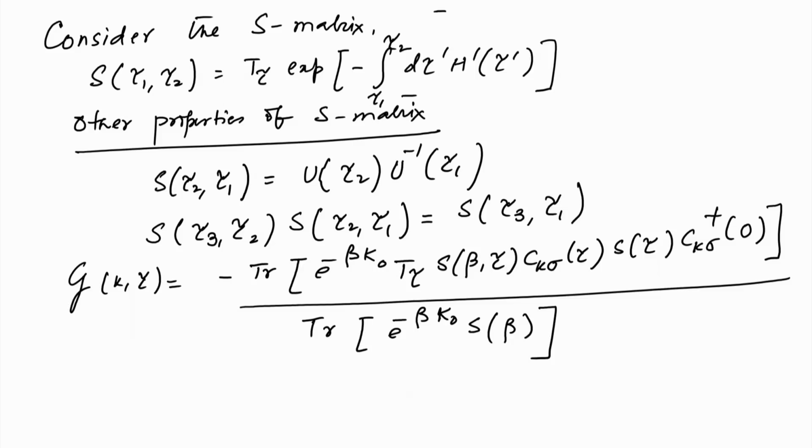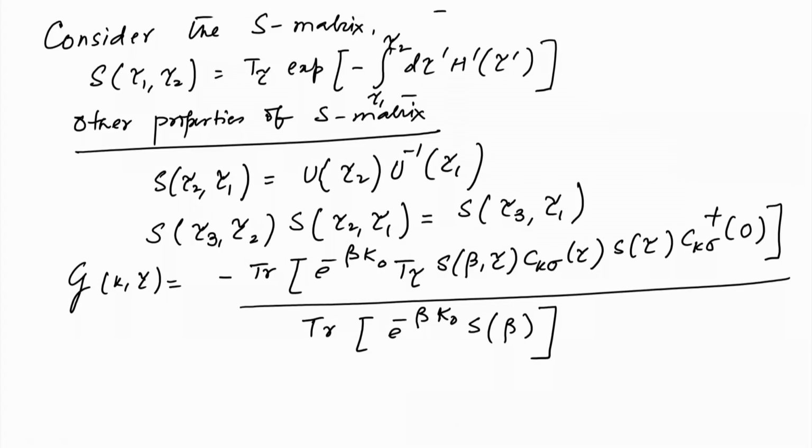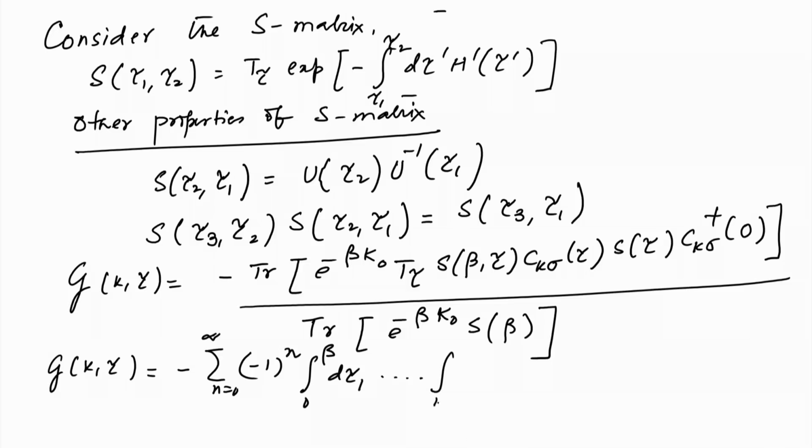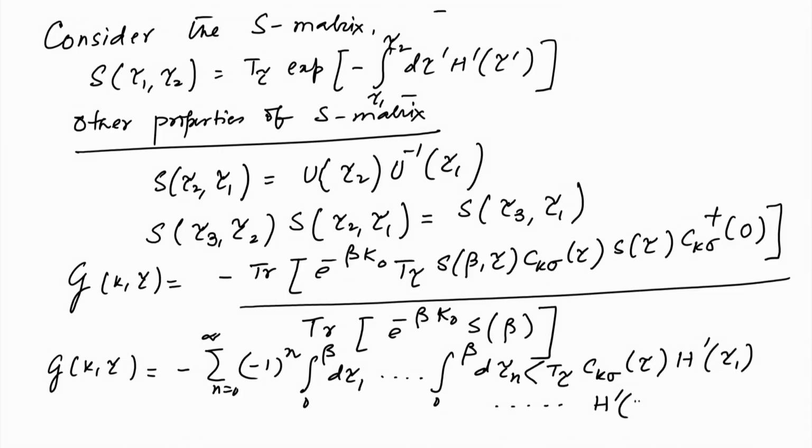So, at the end what is going to happen is that the disconnected diagrams, as we have seen, are going to cancel with the denominator and we will be left with only the numerator, in which case G_k of tau is equal to minus the sum over n equals 0 to infinity of minus 1 to the power n, integrals 0 to beta d tau 1 and so on up to 0 to beta d tau n, and we have the T_tau average of c_k sigma of tau, H prime of tau 1 and all the way till H prime of tau n, c_k sigma dagger of 0.